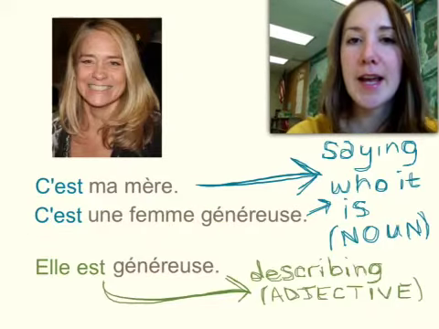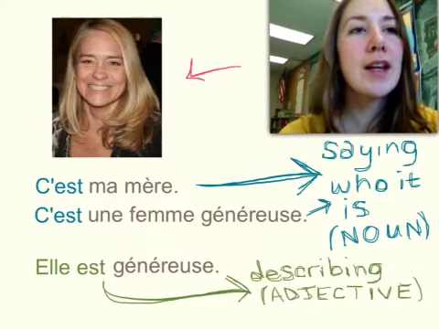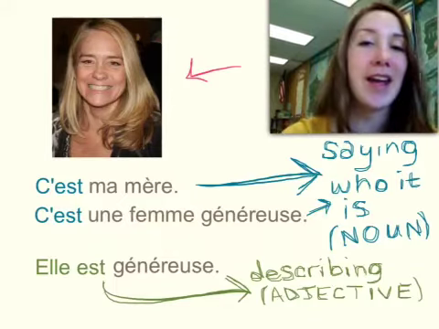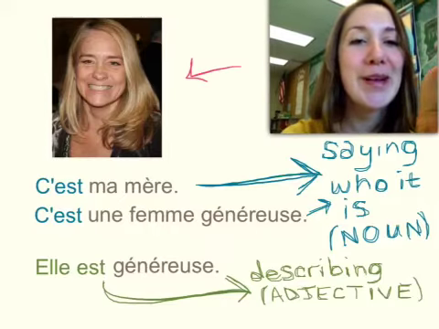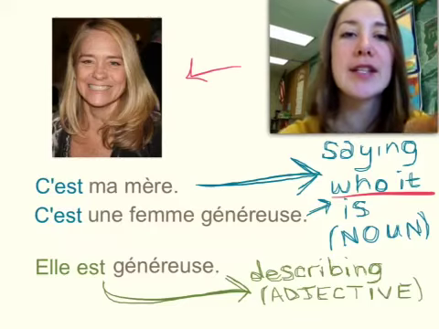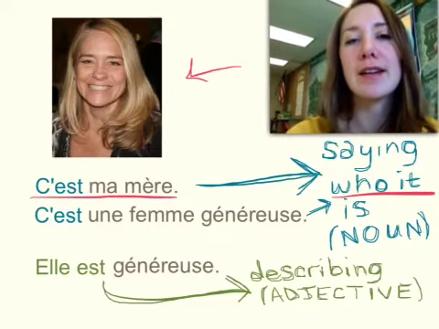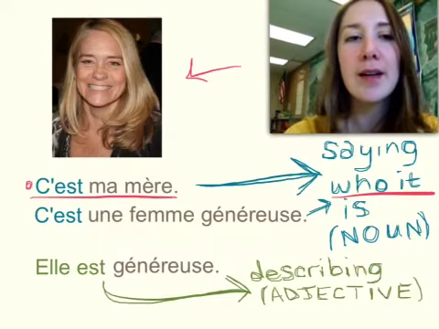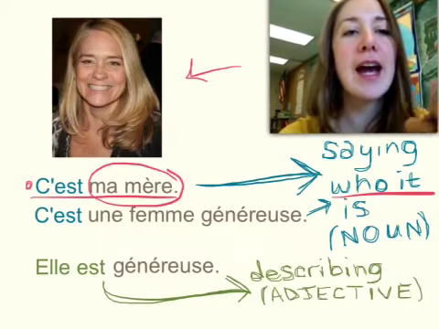How about another example? Let's try an example with my mom. Do you think we look alike? I do. Okay. So if I wanted to tell you who she is, I could say, c'est ma mère. She is my mom. And notice that I'm using c'est because I'm using a noun, ma mère.